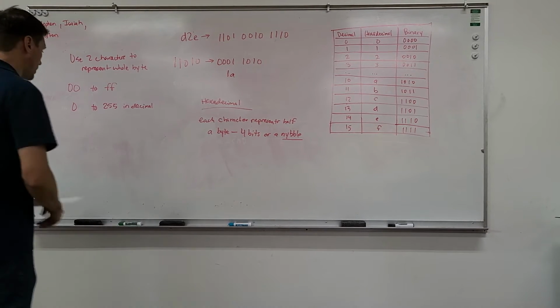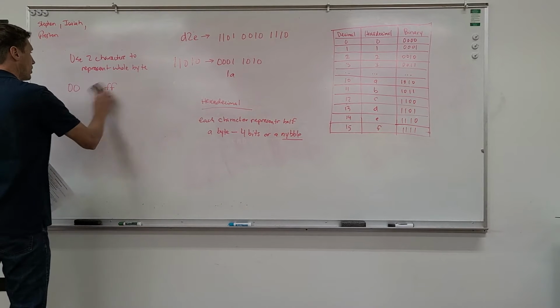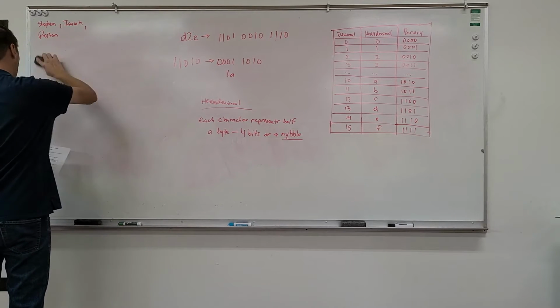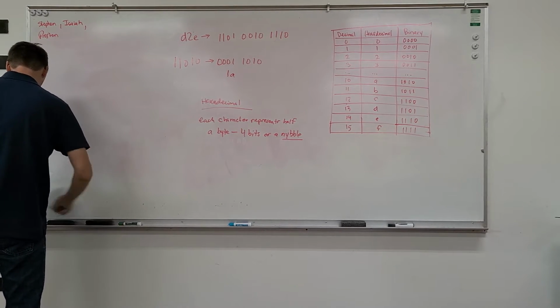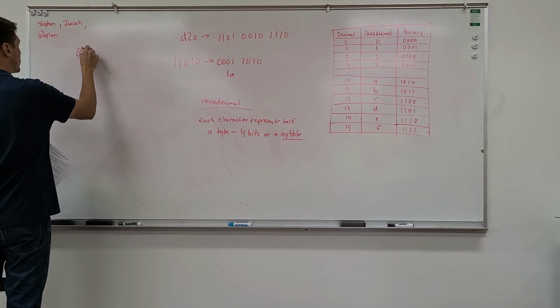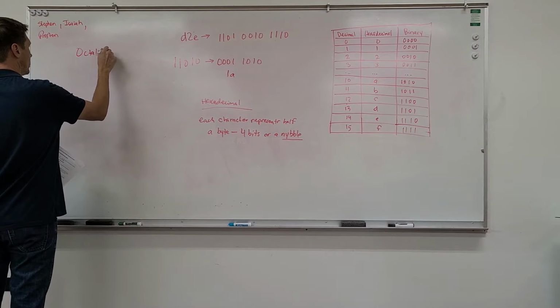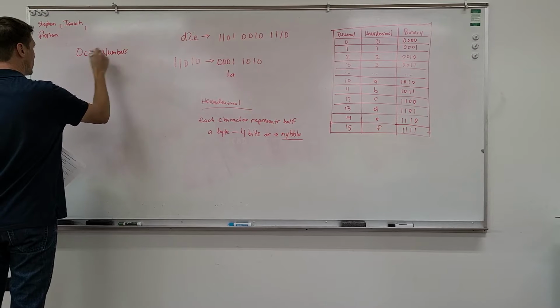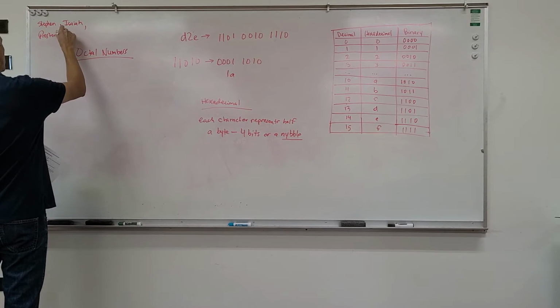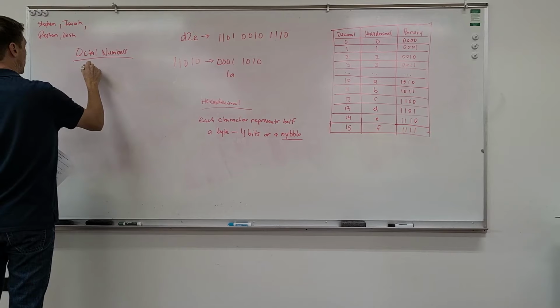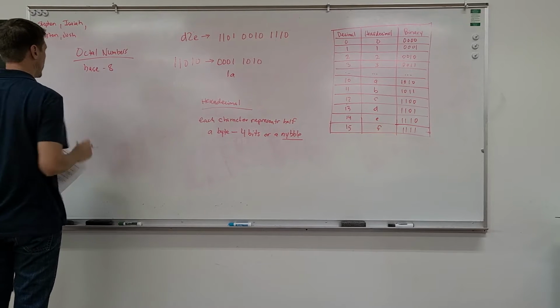All right, so one more number system we want to talk about that's used in the computer world is the octal number system. And octal sounds like what you would think it would be. What do you think octal numbers is? Base what? Base 8, right?